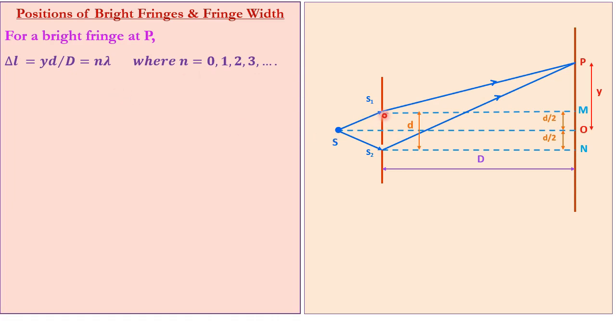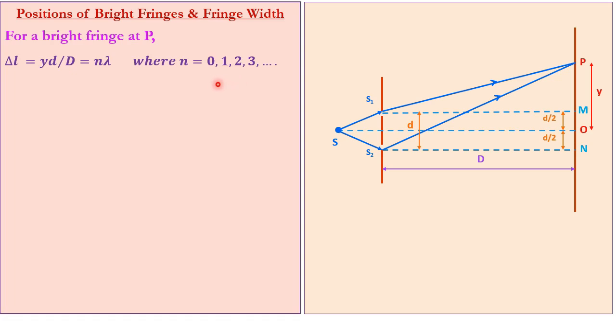I told you waves from S1 and S2, when they are reaching point O, are traveling the same distance. So naturally the path difference will be 0 for this. So this point is said to be the central bright fringe. Then the next bright fringe we'll observe for n is equal to 1, then next to that will be n is equal to 2, 3.